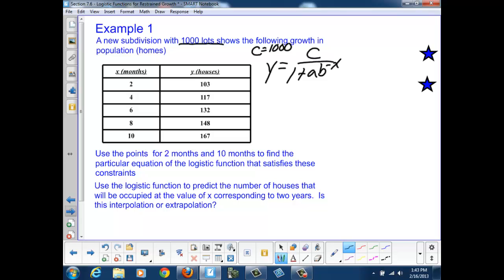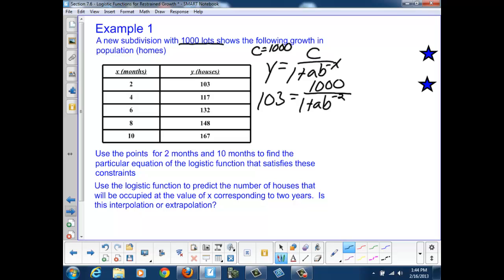And we're going to plug our values in. We'll start with the x equals 2 months. So we have 103 houses equals 1,000, because that's our c value, over 1 plus a b to the negative 2.